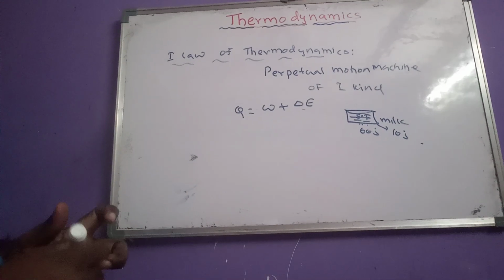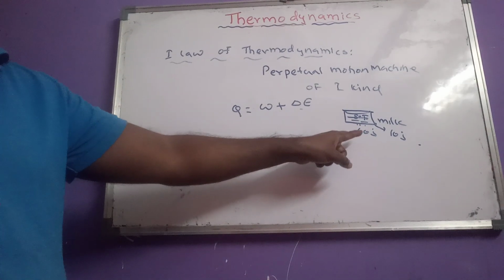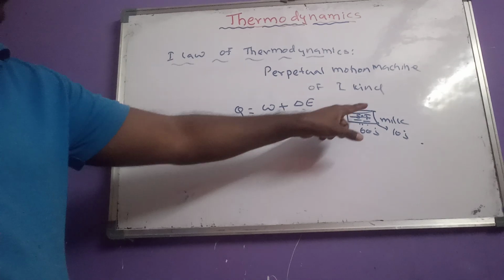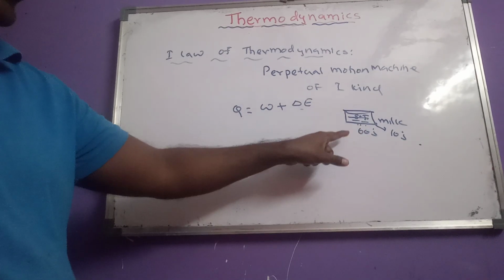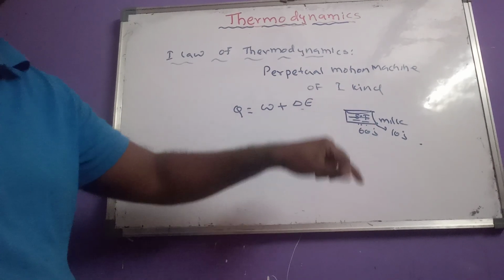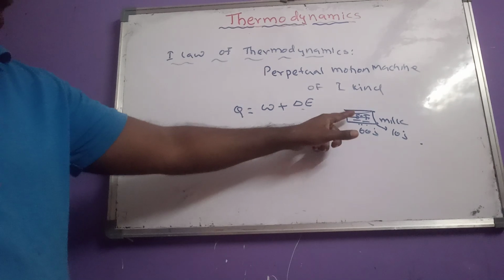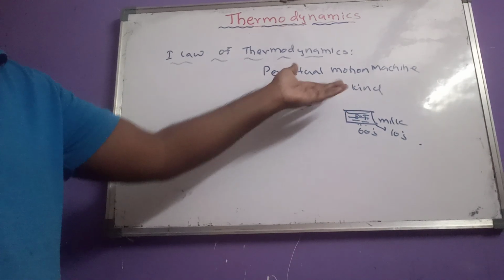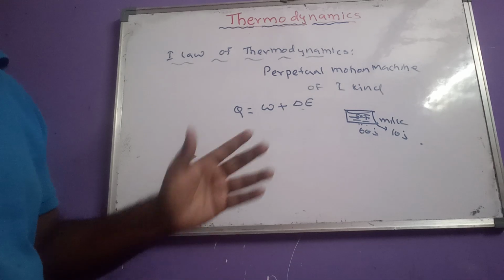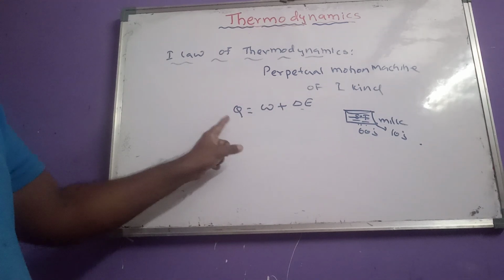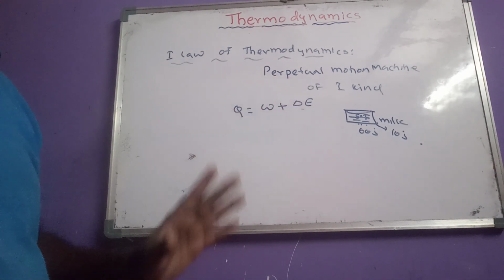That means of the heat energy given to the container, 10 joules is stored in the form of internal energy, and the remaining 50 joules is used by the milk to warm up, that is work done. So like that, Q equals W plus delta E.